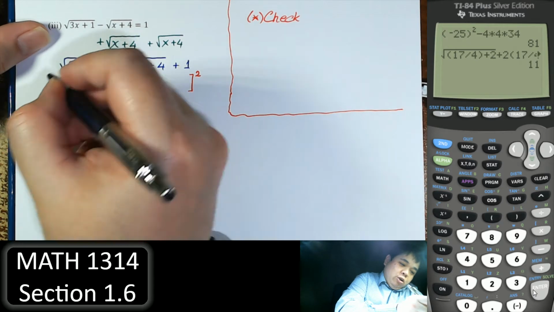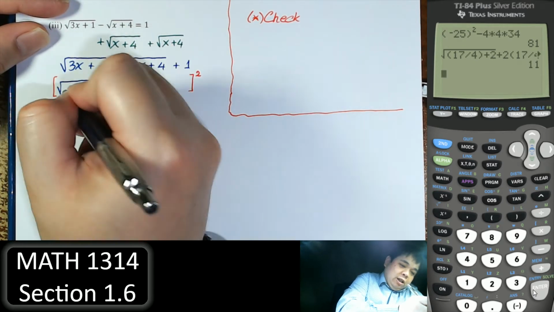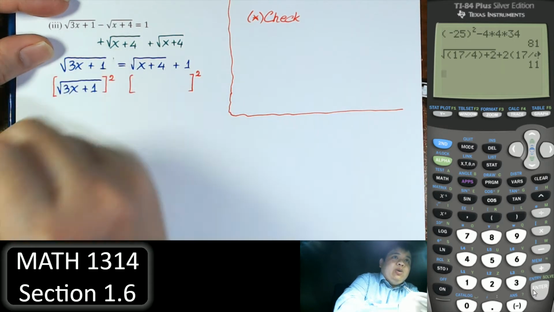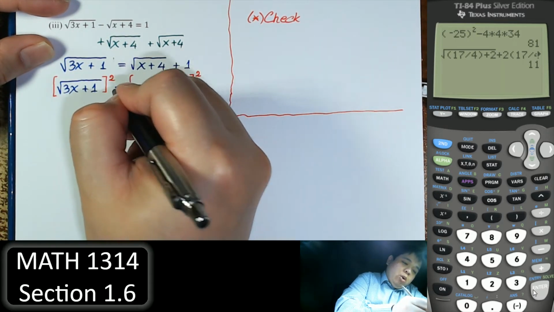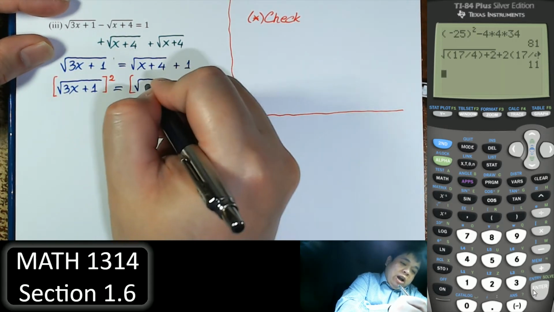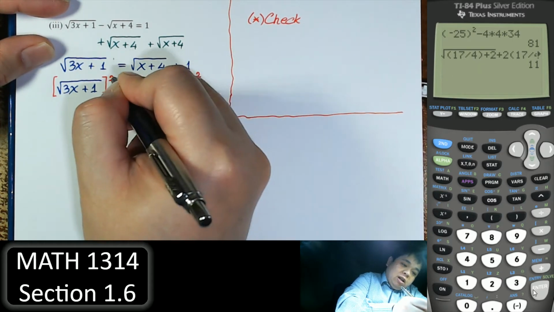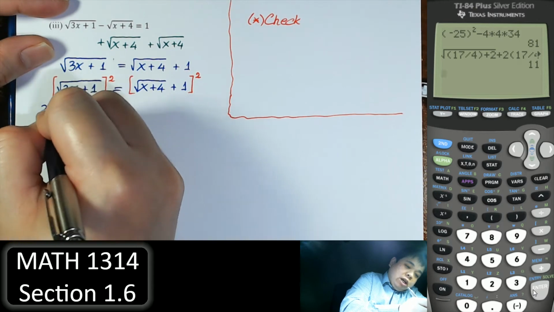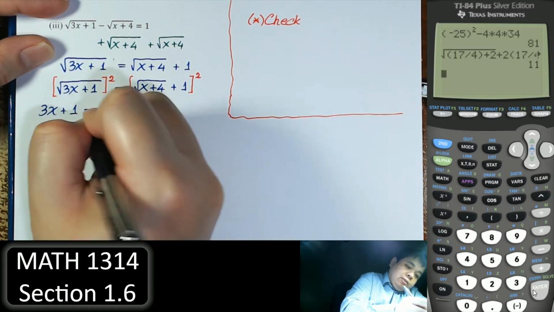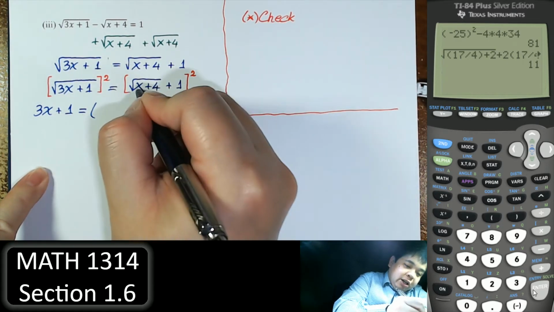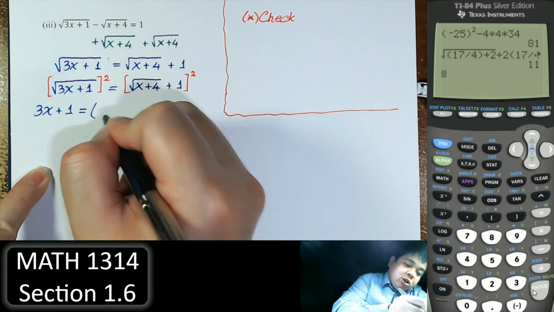Right. Isolate the square root, one square root at a time, because when we square, it cancels the square root. The right hand side may be a little bit complicated, but at least the left side is just 3x plus 1. Now, the right hand side we just have the square root of x plus 4 plus 1 squared.